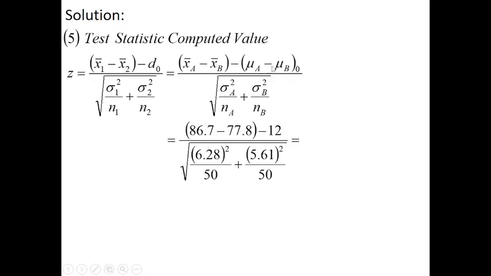Then the difference is 12, mu A minus mu B is 12. So what will be our answer? We'll arrive at negative 2.60.